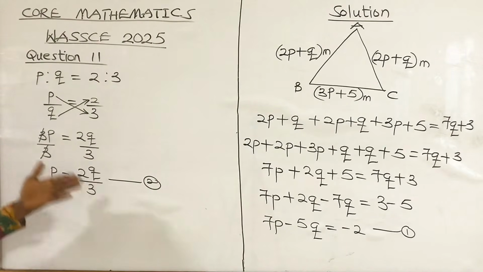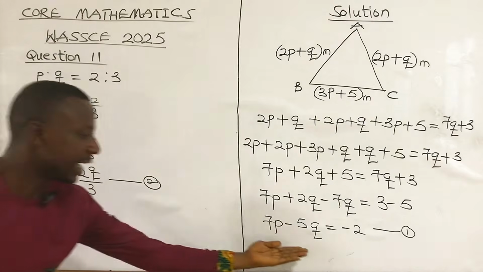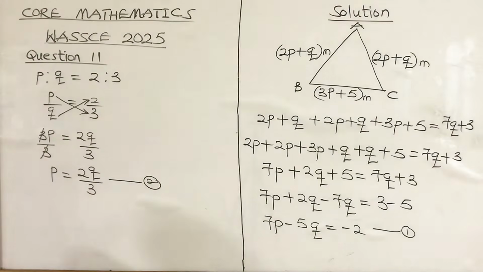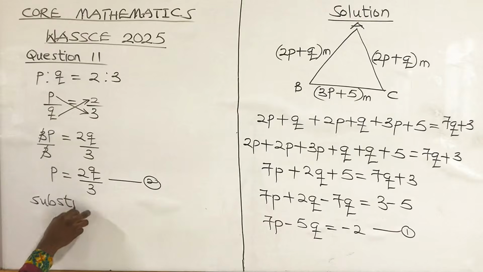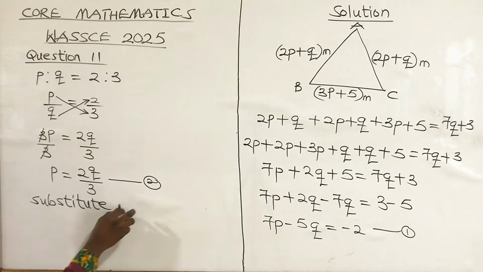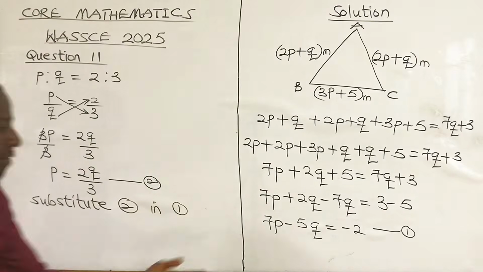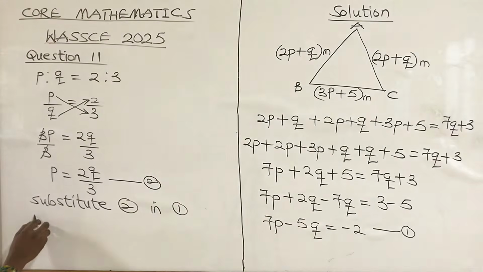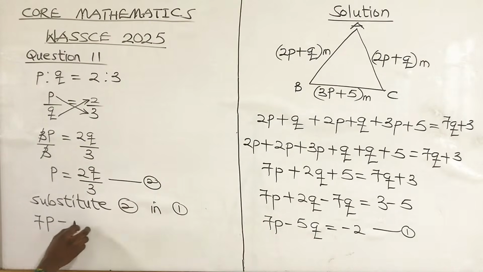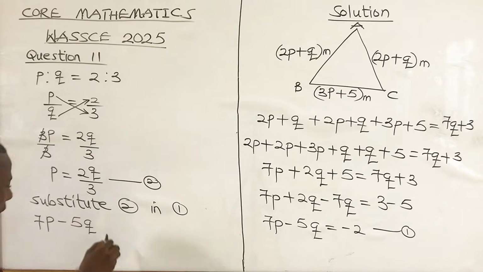Now I'm going to substitute equation 2 into equation 1, which will help me get the values of p and q. I have equation 1 to be 7p minus 5q is equal to negative 2.